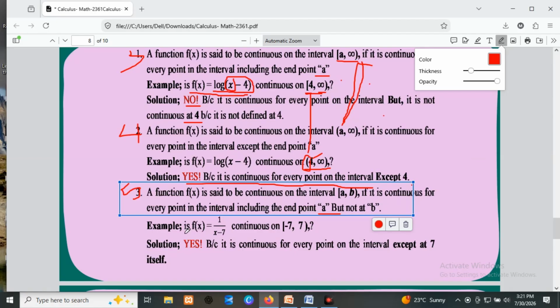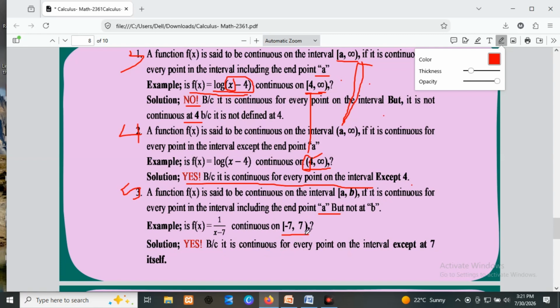Is f of x equals 1 over x minus 7 continuous on the interval from minus 7 up to 7? Yes, because it is continuous for every point on the interval except at 7 itself.